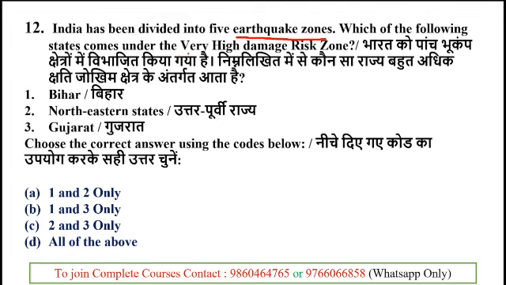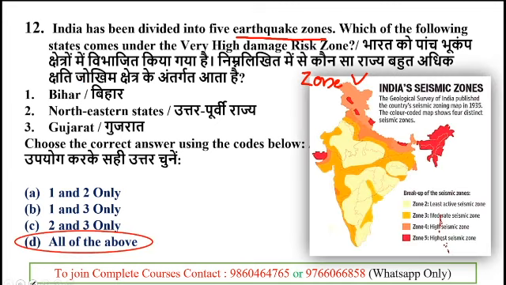So here the very high damage risk zone comes in zone 5, and the states that come under zone 5, you can see on the map there. This is the map, and here the seismic zones are marked 2 to 5, and the highest risk seismic zone is represented in red.